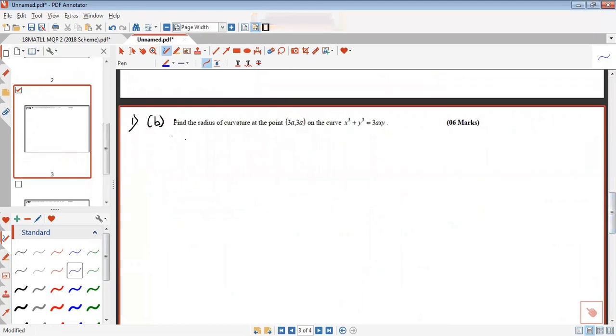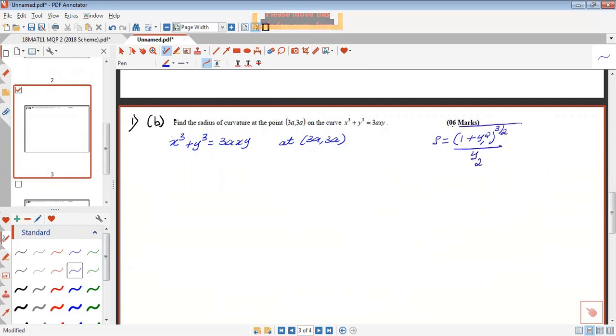See, here the curve is x cube plus y cube is equal to 3axy. At the point, we need to find radius of curvature, that is rho. Our formula for the Cartesian coordinate system, radius of curvature is 1 plus y1 square to the power 3 by 2 divided by y2 is the formula.